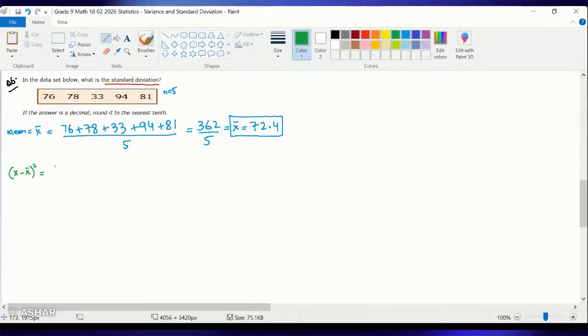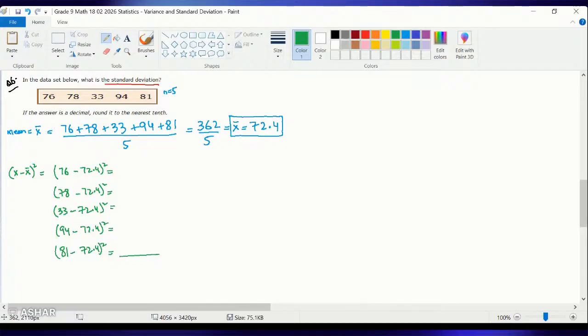That comes out to be 76 minus 72.4, 78 minus 72.4, 33 minus 72.4 squared, 94 minus 72.4 squared, and 81 minus 72.4 squared. Let's put these values into the calculator.